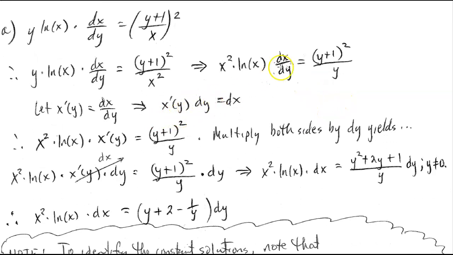Once I do that, notice that we have dx over dy, so I know that x in this case is assumed to be a function of y. And of course, the derivative of x in terms of y, we could think of that as dx over dy in Leibniz notation, okay?